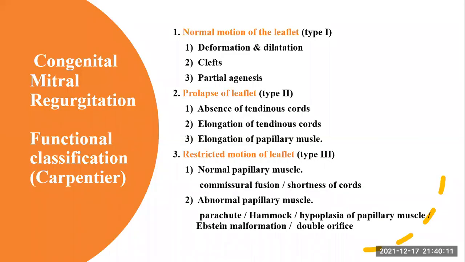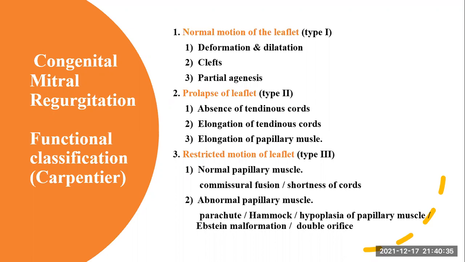So the Carpentier classification for the mitral regurgitation, congenital mitral regurgitation, is classified in 3 types: the normal motion of the leaflets, the prolapse of the leaflets, and the restricted motion of the leaflets. Normal motion: deformation and dilatation, clefts, partial agenesis.